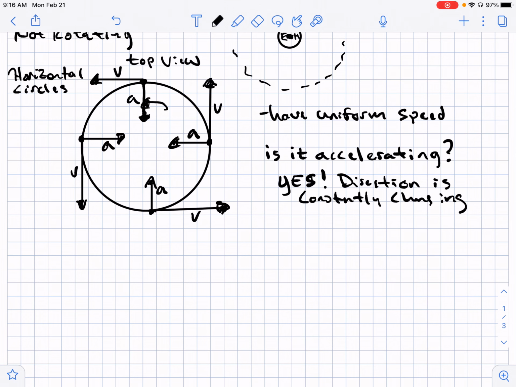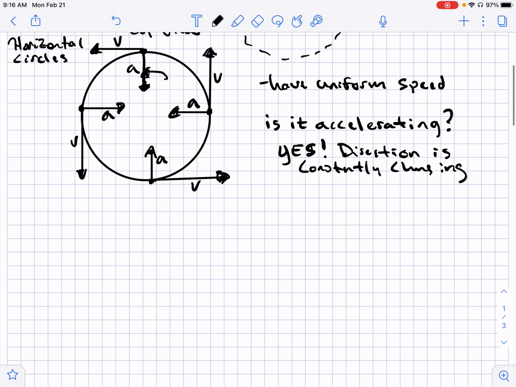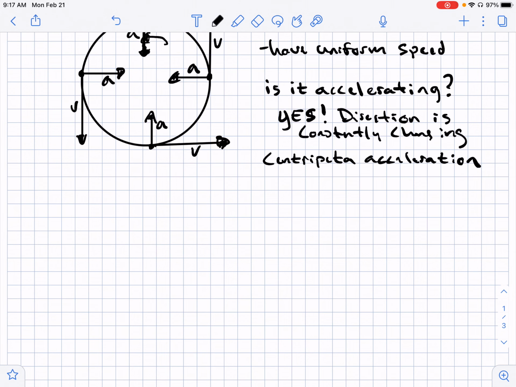When an object is moving in circular motion, we call that a centripetal acceleration. Centripetal just means a center-seeking acceleration. Our symbol for this is a subscript CP, centripetal acceleration.